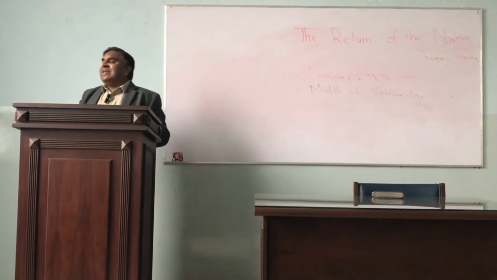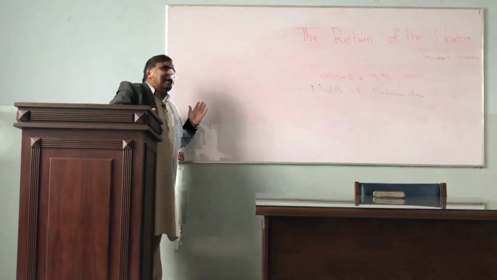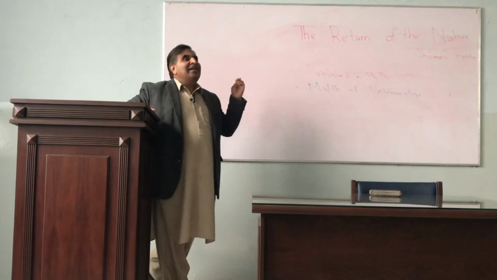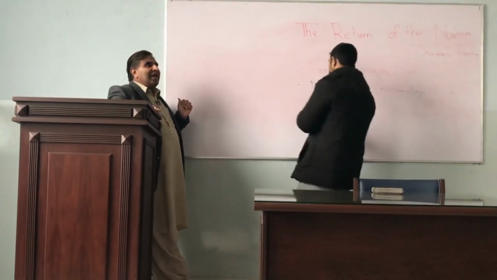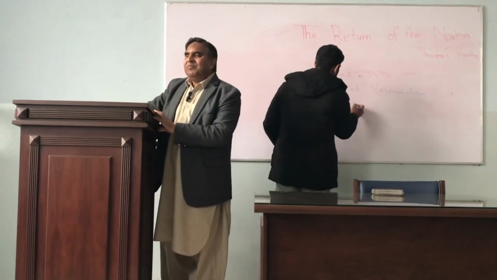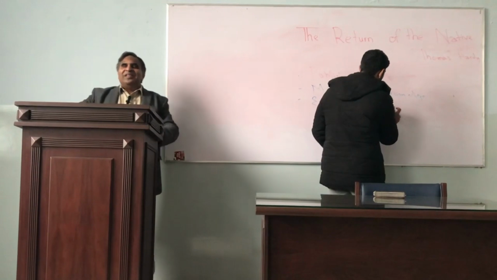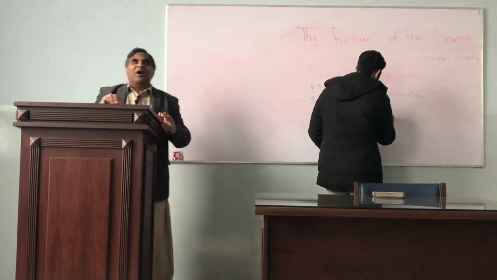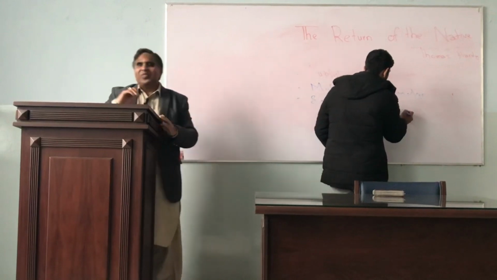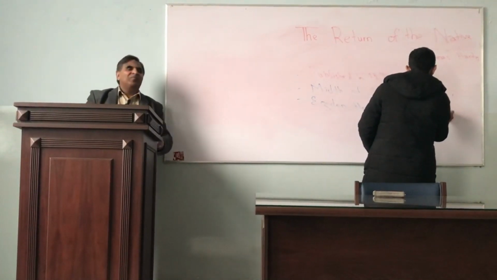That's why the setting of the novel revolves around an imaginary village named Egdon Heath. Egdon Heath is an imaginary place. The novel contains 6 books, and we are going to look into the first book.